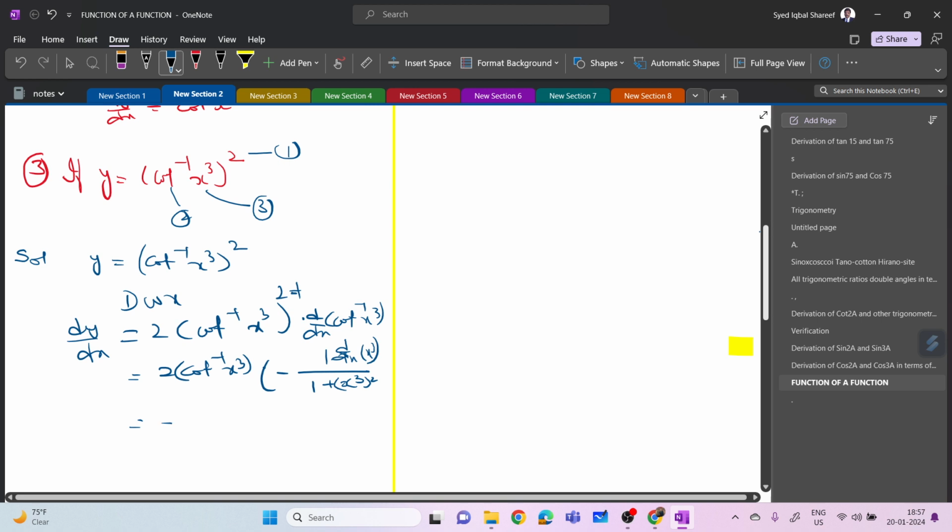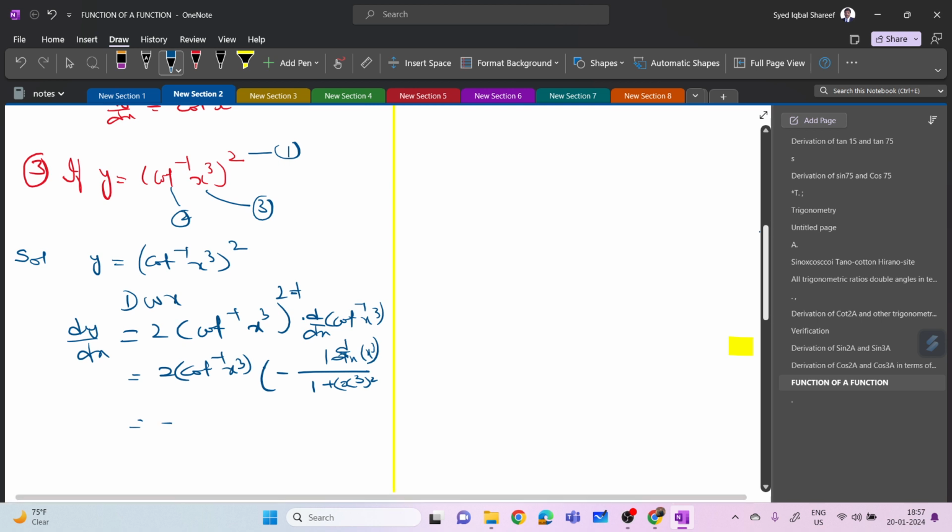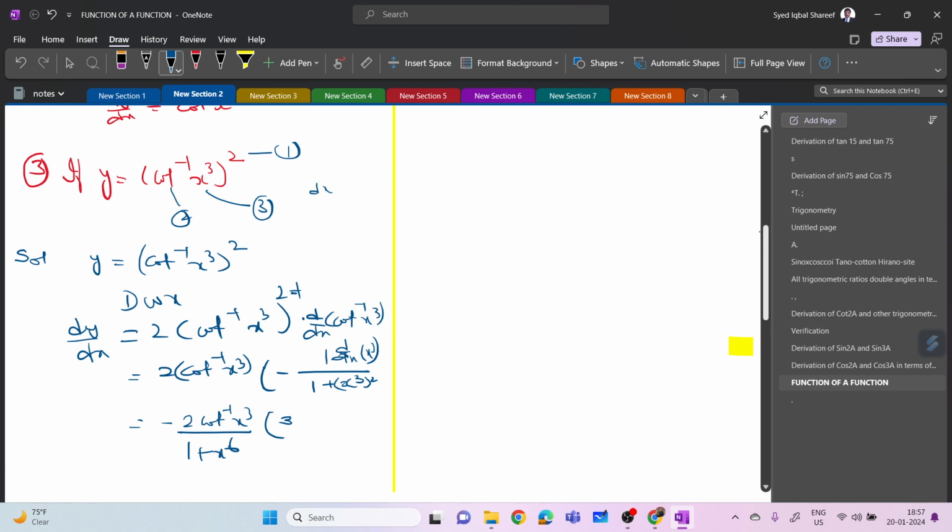So now minus, we have taken, derivative of x cube is 3x square. So minus x cube by 1 plus x to the power of 6. Now derivative of x cube is 3. That is the derivative of x to the power of n is n x to the power of n minus 1. This formula we are using here.